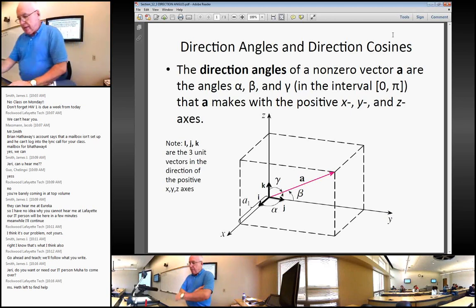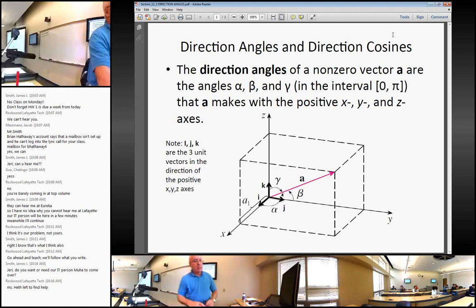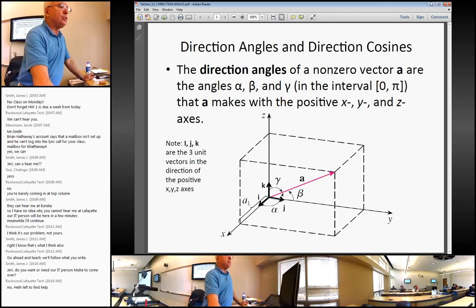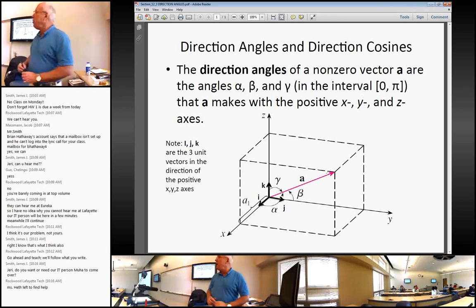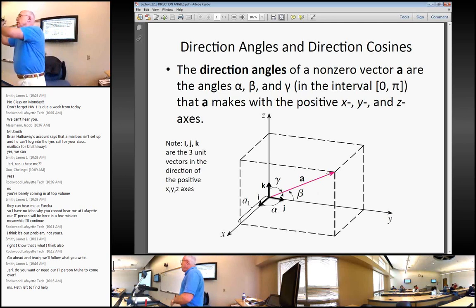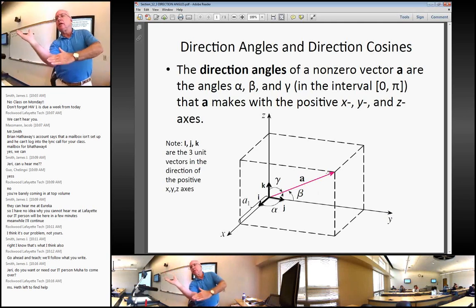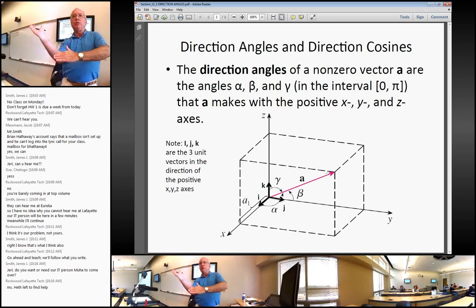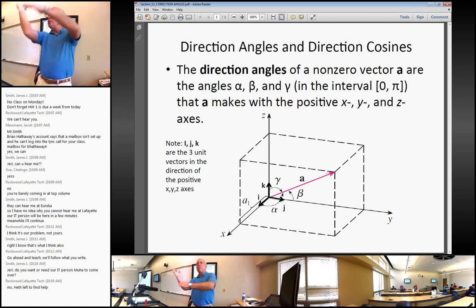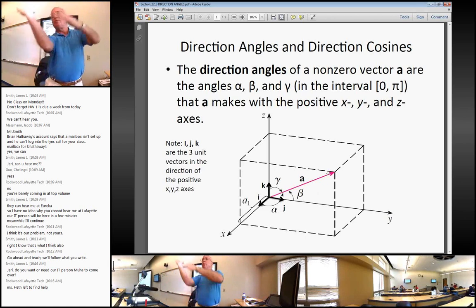Let's just work from this because it's much nicer. Here we have this A, it's in red here. That's our non-zero vector. And we're just going to move it so that it starts at the origin 0, 0, 0. Remember, vectors just have direction and magnitude, so we can move a vector around.